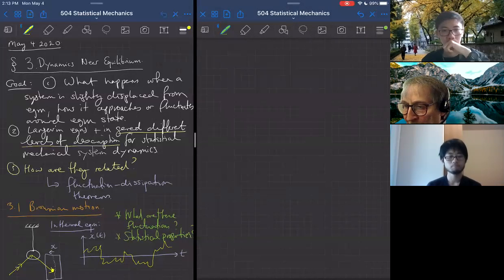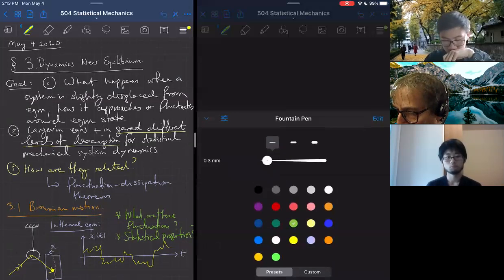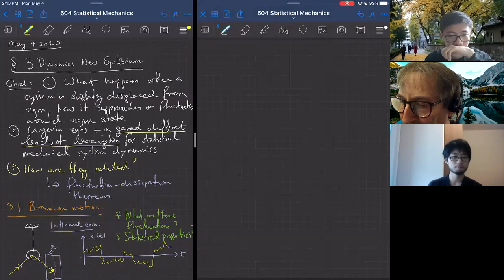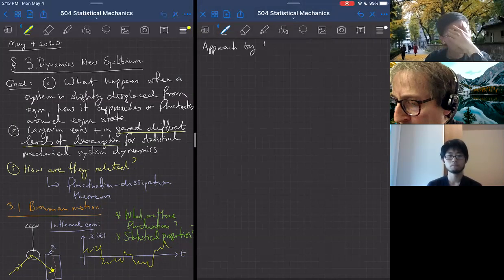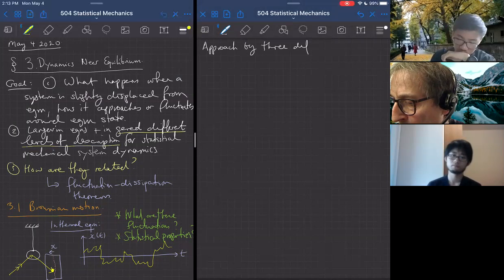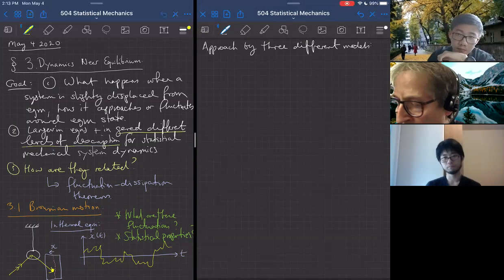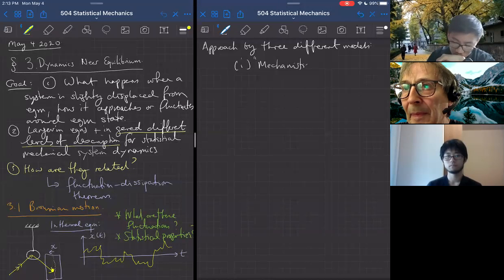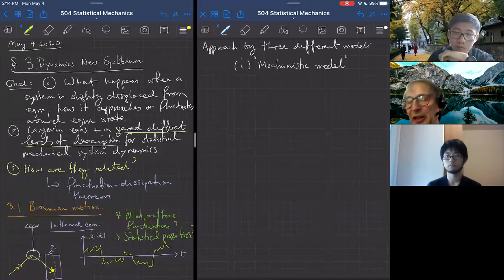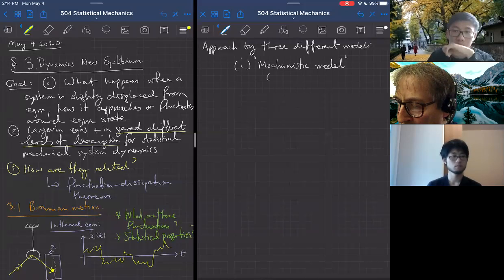So the way we're going to approach this is in three different ways. We're going to approach this by first of all making a mechanistic model, which is simply an assertion about what is happening, and that model we'll call the random walk model.